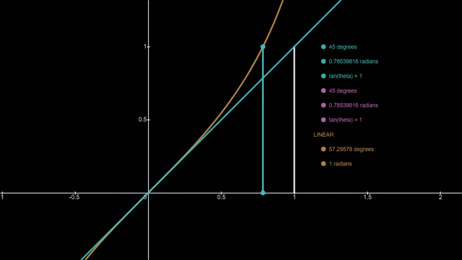But then we said that in order to get rid of the tan theta from our rotation matrix, what we decided to do was use a different set of values for tan theta. So remember, the tan theta is up with this axis here, this is theta, and this is tan theta. So we decided to use a set of values for our tan theta, which were 2 to the minus I. If you look at the ones in blue here, 2 to the minus I gave us a value of 45 degrees.